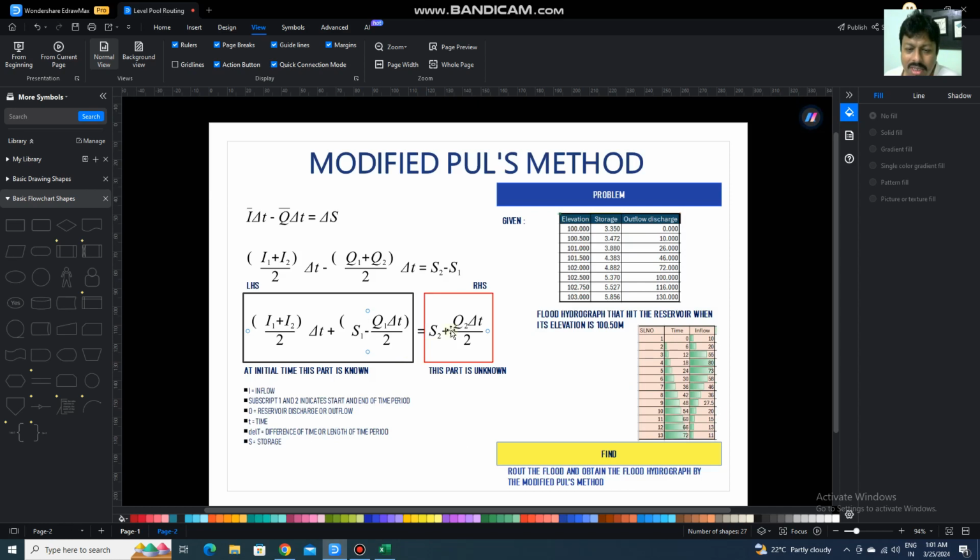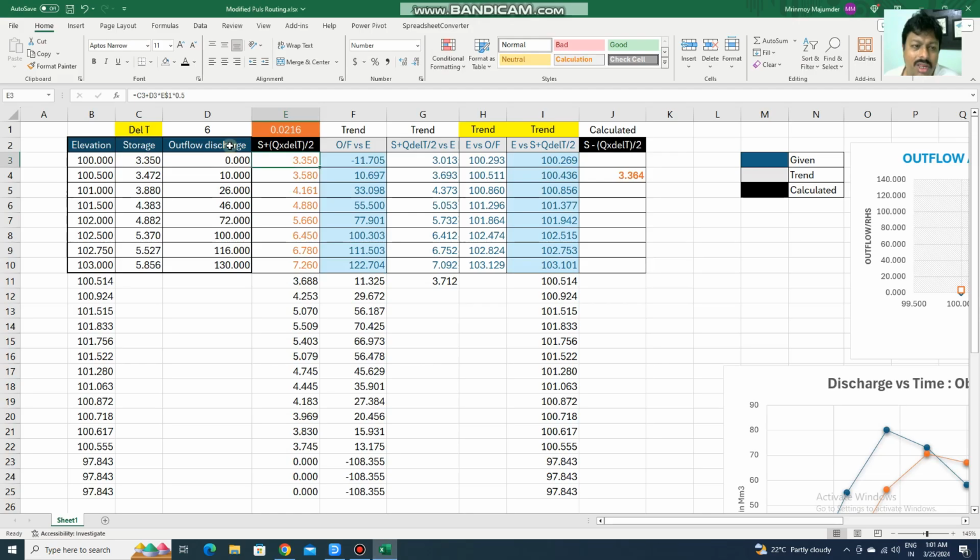For this RHS, we have calculated 3.350. S is there, Q is there, so it is known as storage discharge per time. It has been calculated from this only, and this only.